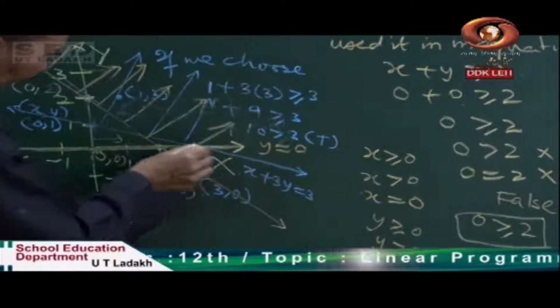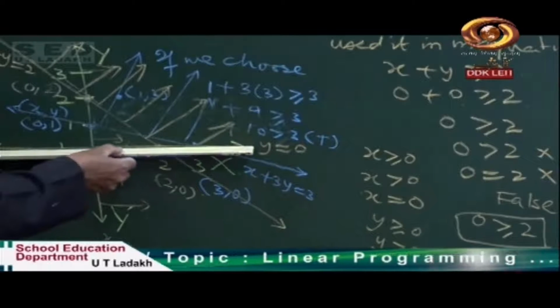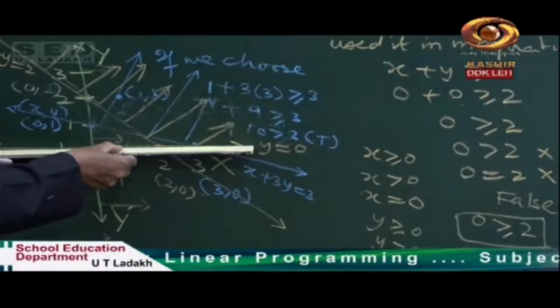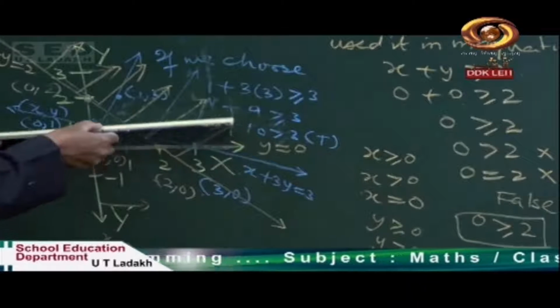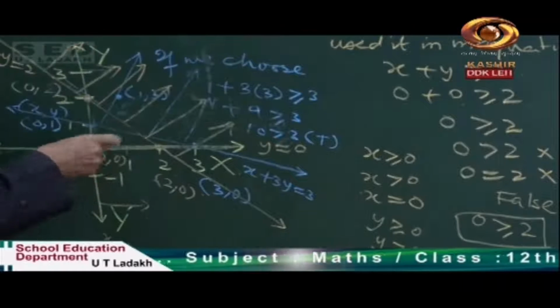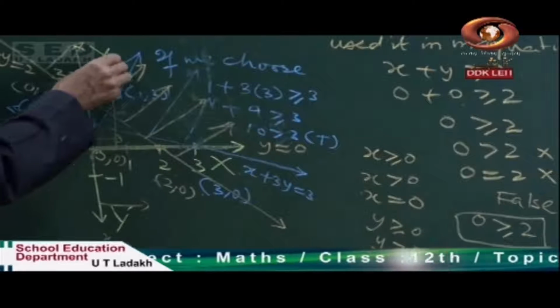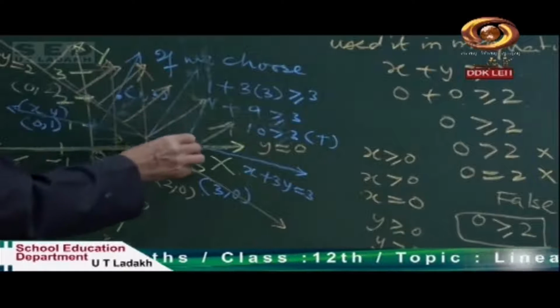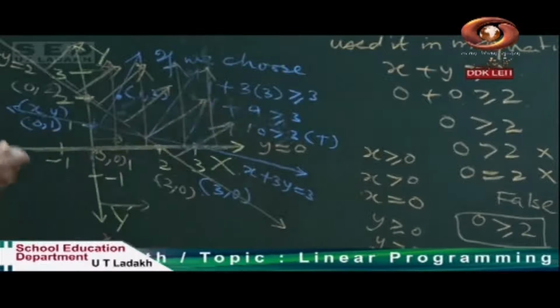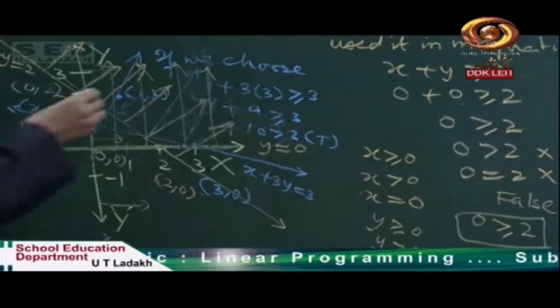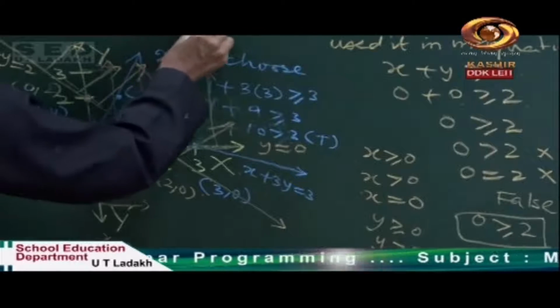So this is the line y equal to 0, and if y is greater than 0, it will go like this. So I have to find the common shaded region. That will be this one. Our shaded region is the common shaded region, which we call the feasible region.